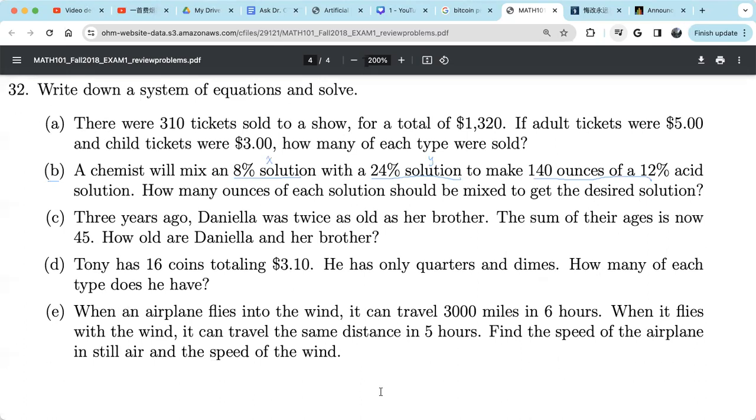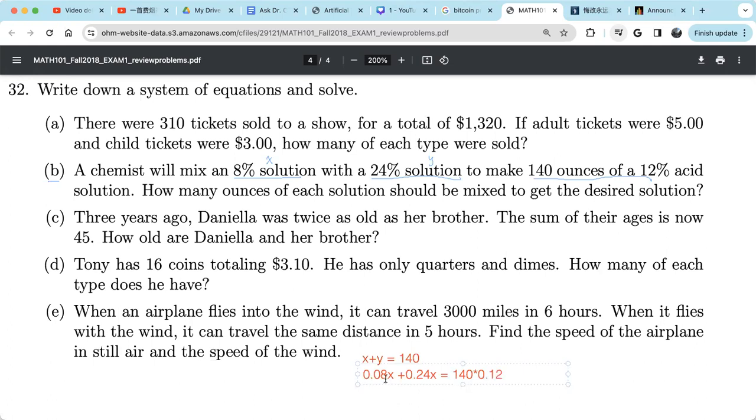So let's form a system of equations down here. X plus Y equals 140, the total. Then we have the second condition. 8% is 0.08, 24% is 0.24, and 12% is 0.12.